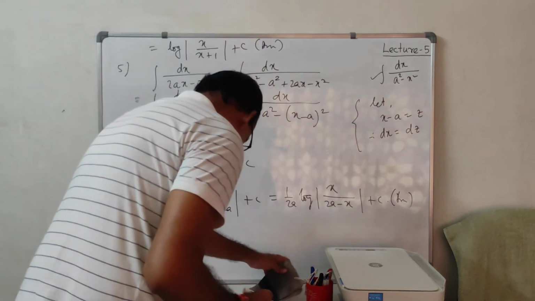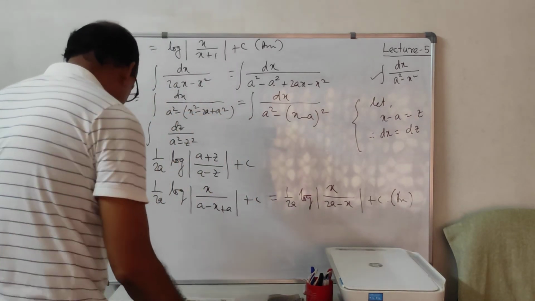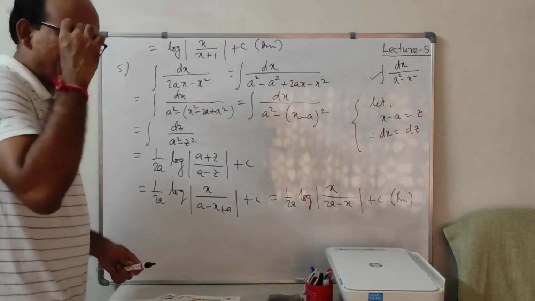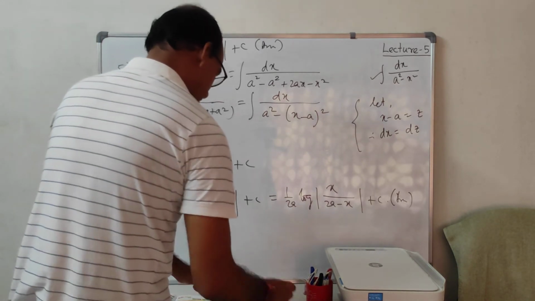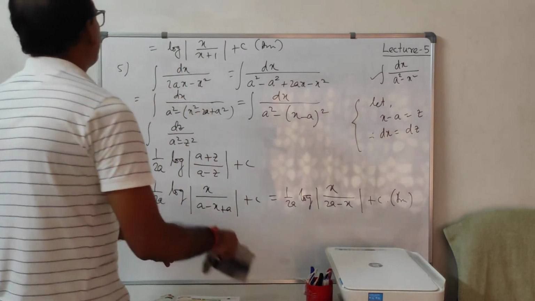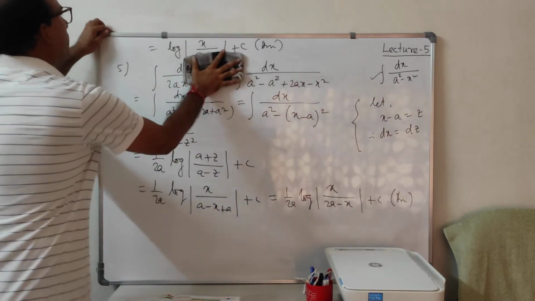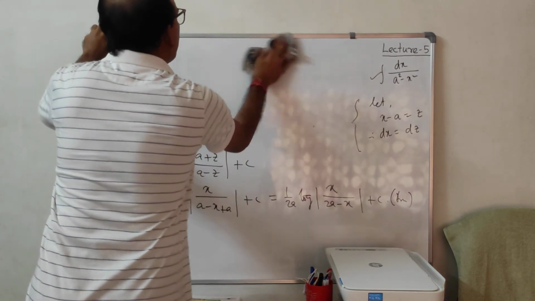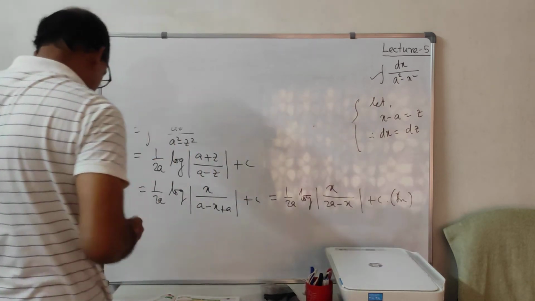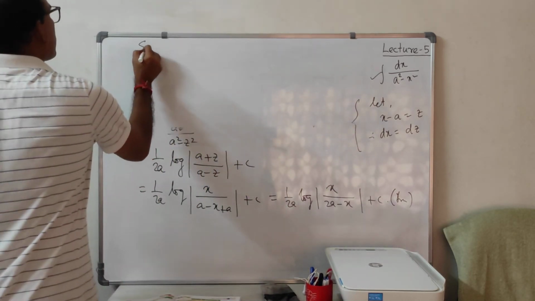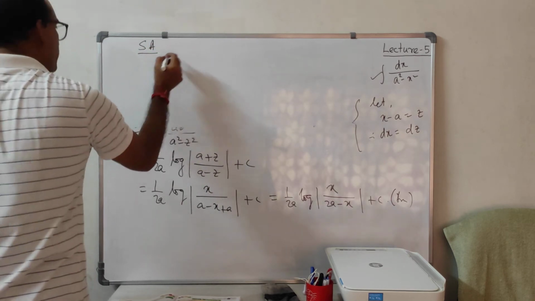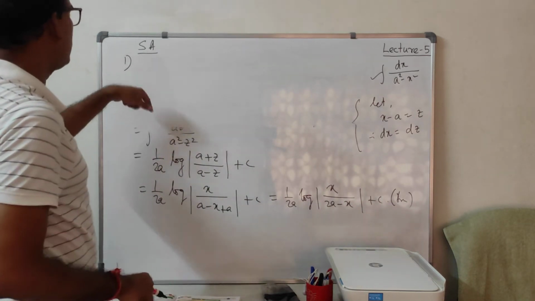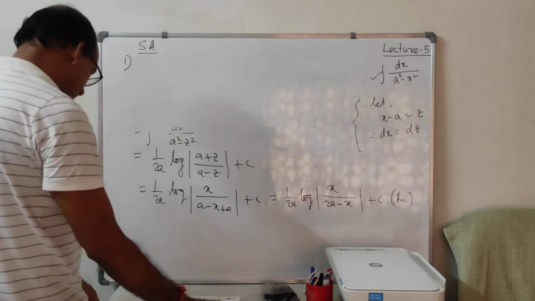Next, I take another problem which is from short answer type question in your well-known SNA book. Short answer type question, I name it one, but actually the problem is in number 2.